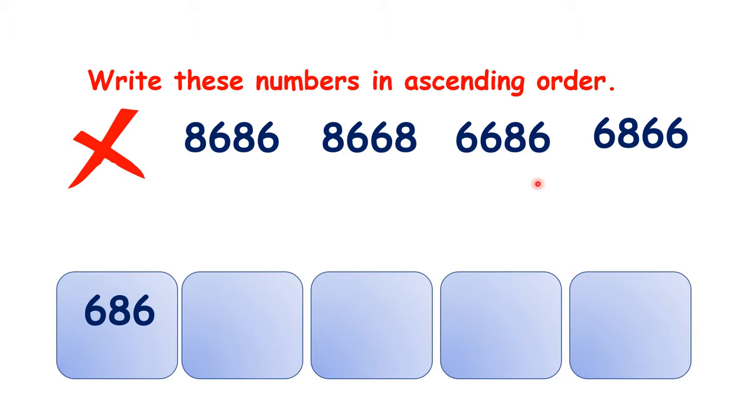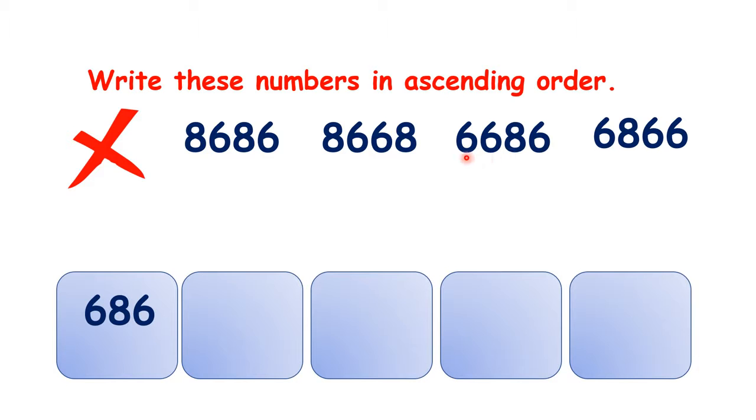Now we're comparing 4-digit numbers. So let's look at what we call the most significant digit, the digit that represents the most. In both of these numbers we have 8 thousands, but in these we only have 6. So we know that one of these must be our next smallest number.